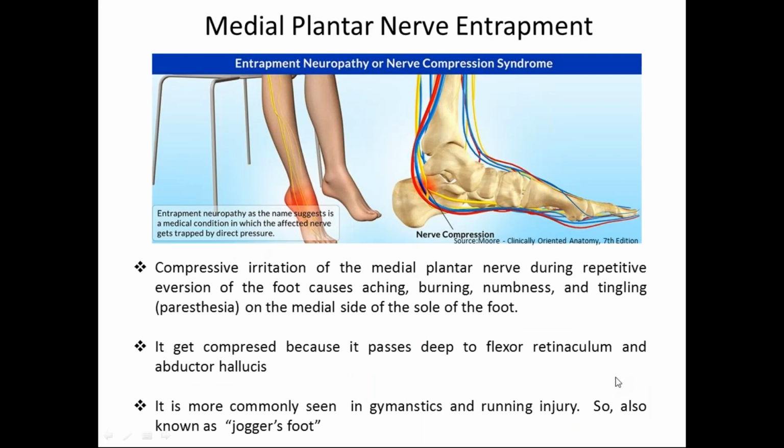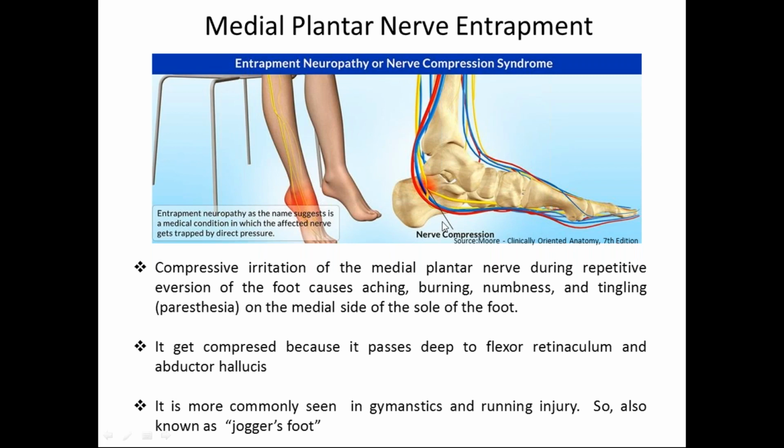Now, if we talk about nerve entrapment, the medial plantar nerve is more prone to entrapment. In some gymnasts and players who run regularly, the medial plantar nerve gets entrapped deep to the flexor retinaculum or the abductor hallucis muscle in the sole.